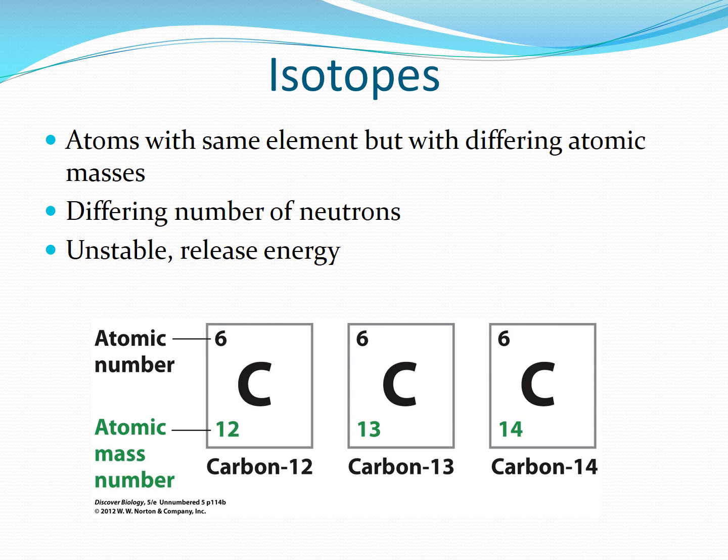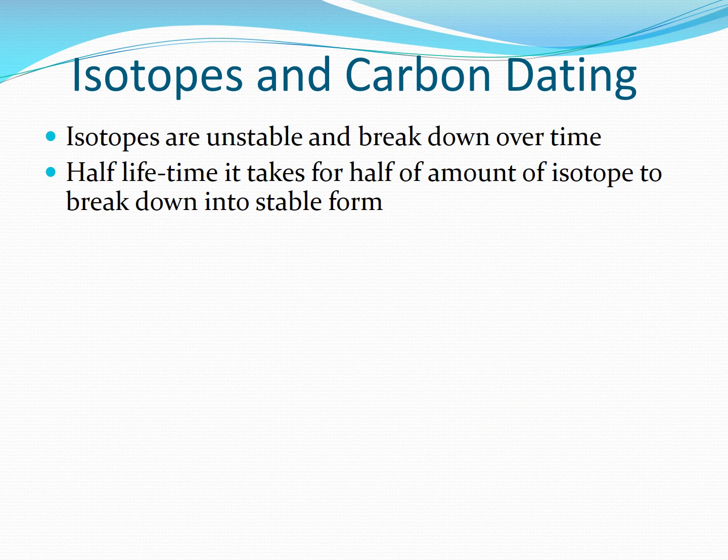There's a reason that that's important, and we use that for a number of features. One of those is to look at how old items are. So isotopes are unstable, we made that clear, and they break down over time. In fact, it takes a certain amount of time for half of that amount of neutron to go away.